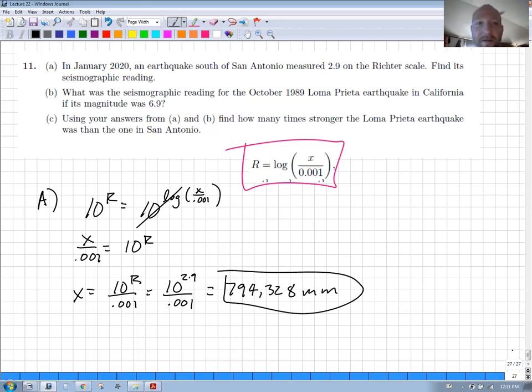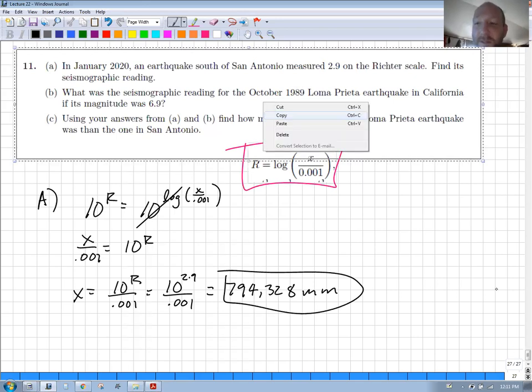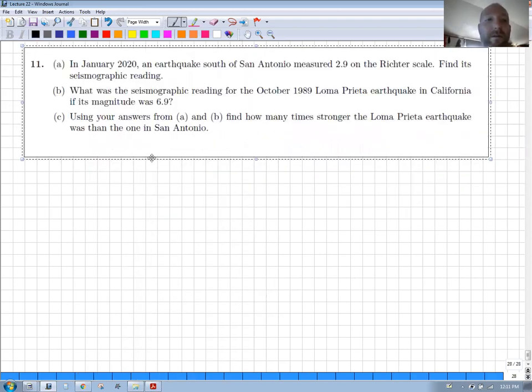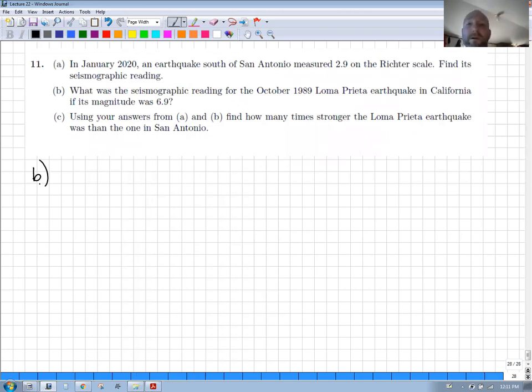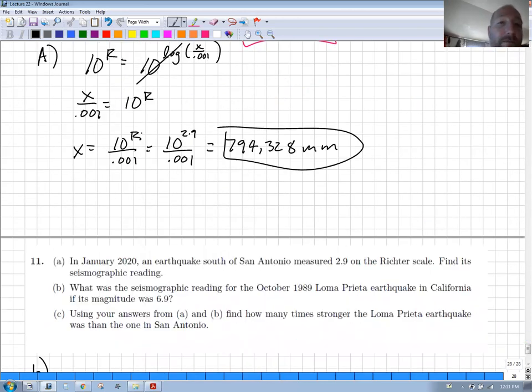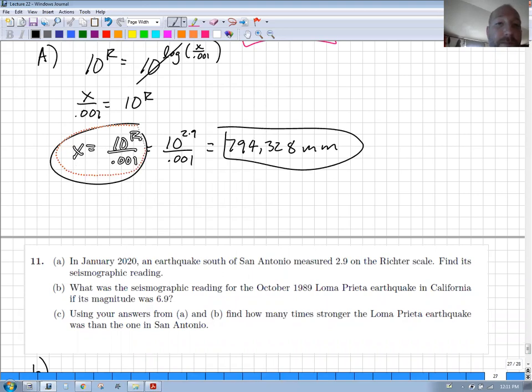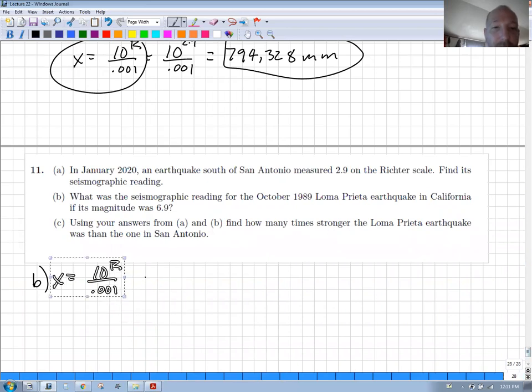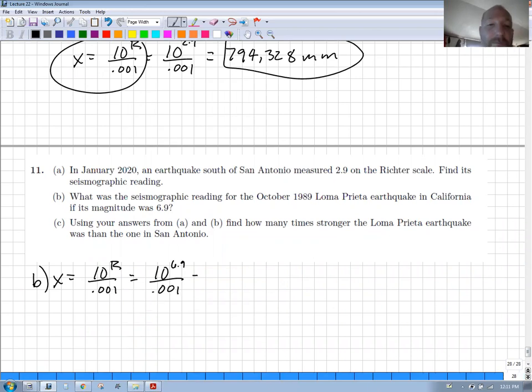All right, for B here, I'm just going to copy this and paste it. So for B, what was the seismographic reading for the October Loma Prieta earthquake? It had a magnitude of 6.9. Well, we can use our same formula right here. So this is 10 to the 6.9 divided by 0.001.